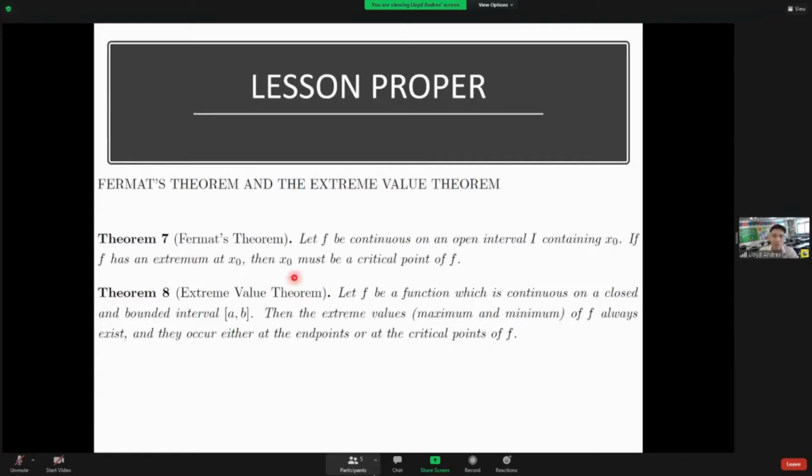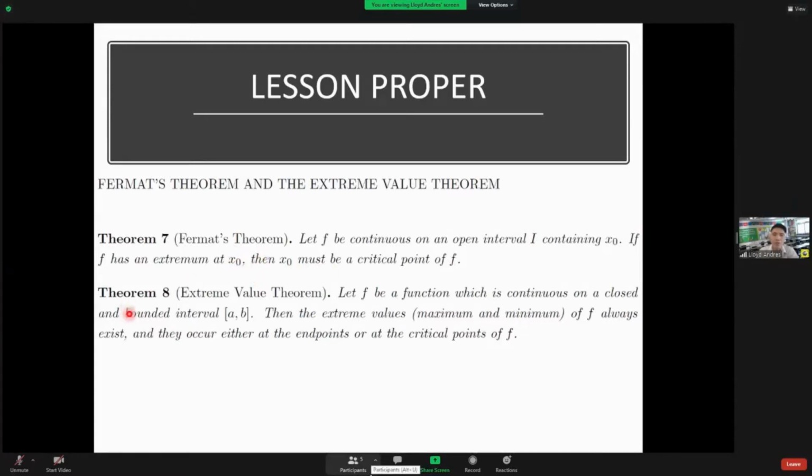Unsay pasabot lang ana, kung naadot ay function na continuous on an open interval containing x sub 0, kung continuous siya, tapos f gani na ay extremum, automatic katong x sub 0 ni mga value is a critical point. So bottom line lang, kung na ay extremum dito, critical point na po siya. Mapi pasabot sa Fermat's theorem.